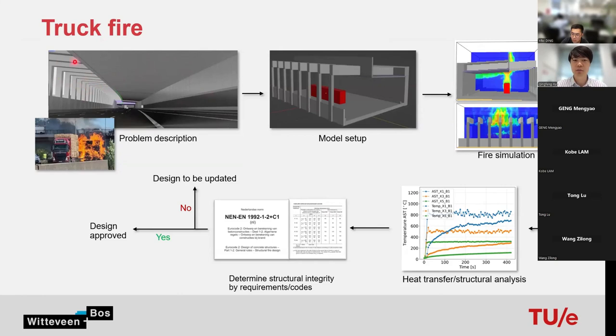So to solve this problem, I established a fire dynamic model and checked the temperature over here. Based on the heat transfer and structural analysis, we compare these results with the available Eurocode or the failure criteria from the Belgian clients and let them decide.